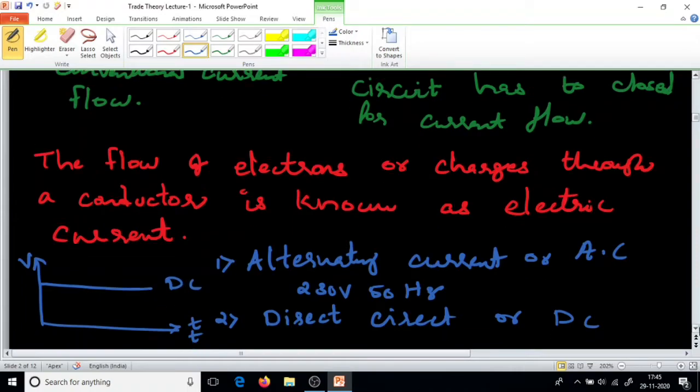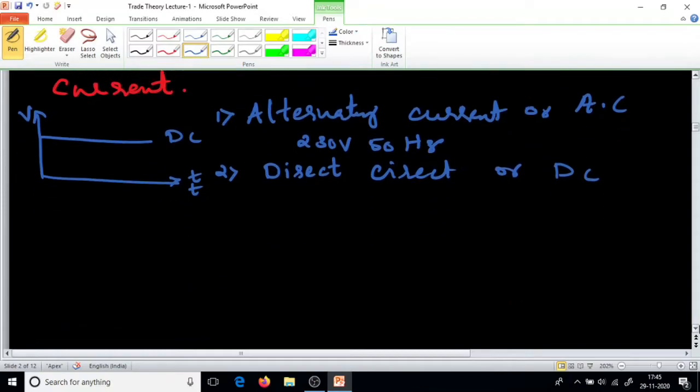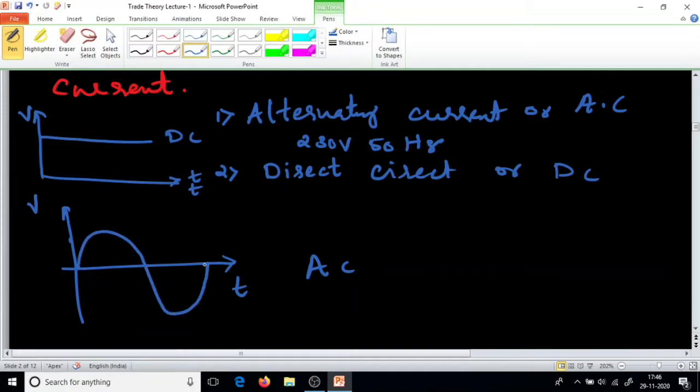But if you draw the same for AC, at every instant there is a voltage and time. If you draw a plot, each and every instant the value will be changing. This is AC.